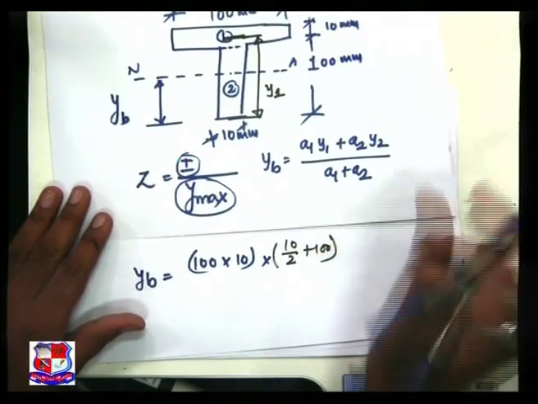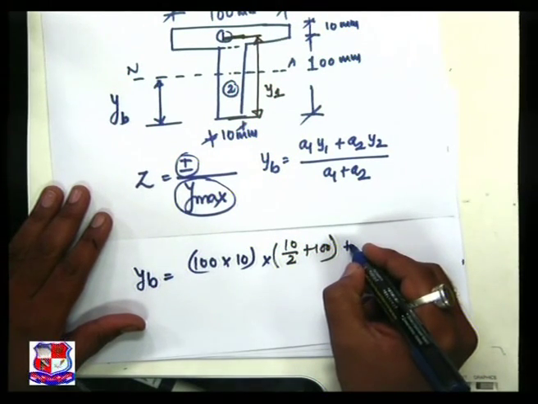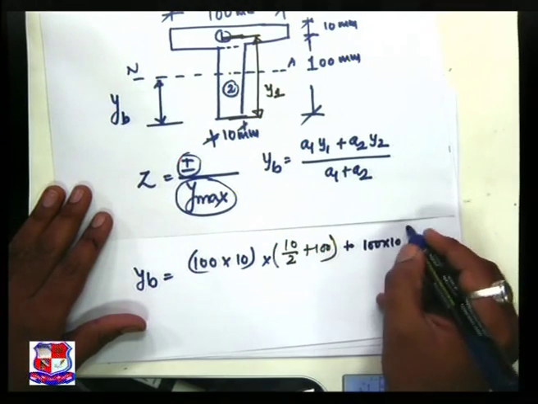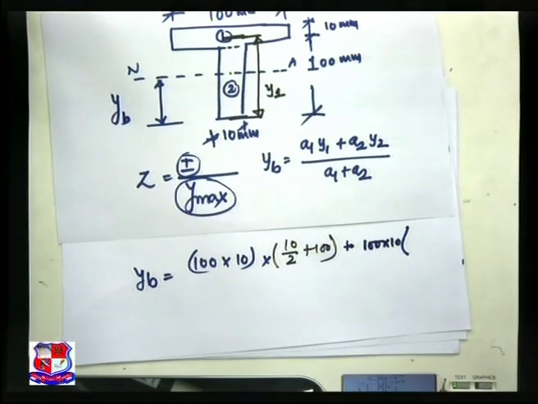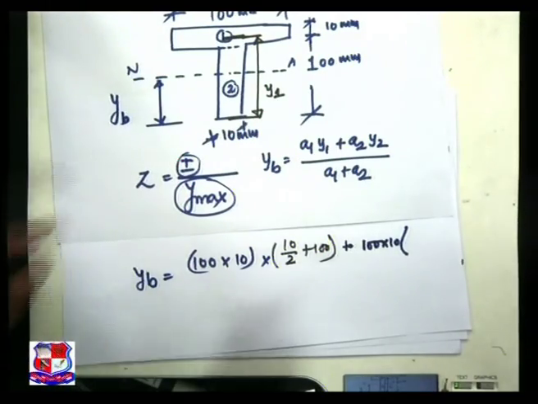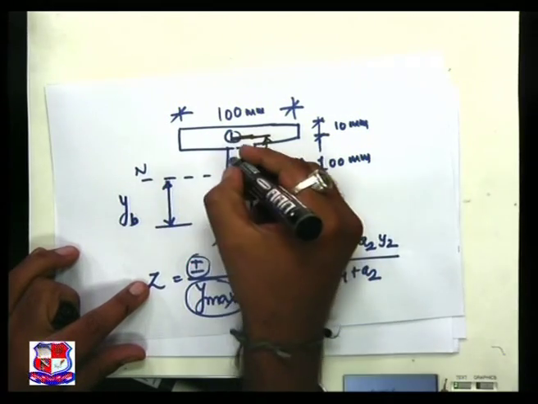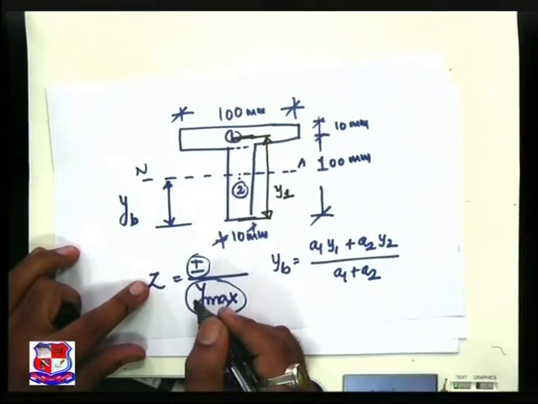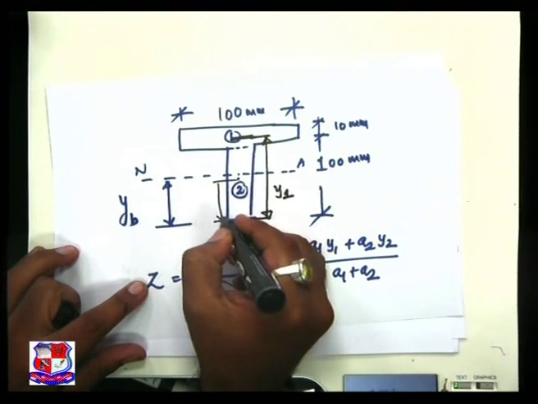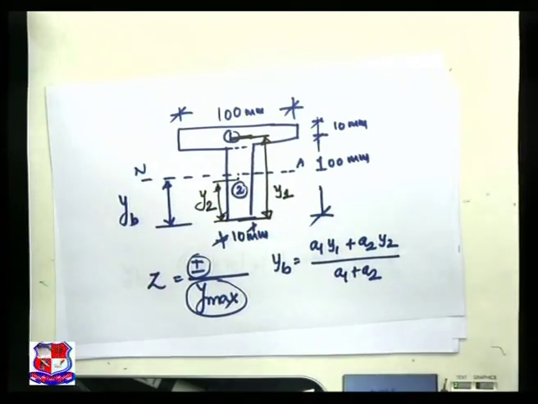Next, plus a2. What is a2? Area of the second part, that is 100 into 10, into once again y2. Let us take another colored pen so that we will understand better. The CG of this second one is acting over here, at the center, and from this point to this point is y2.